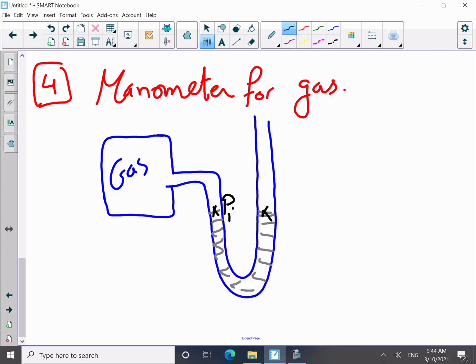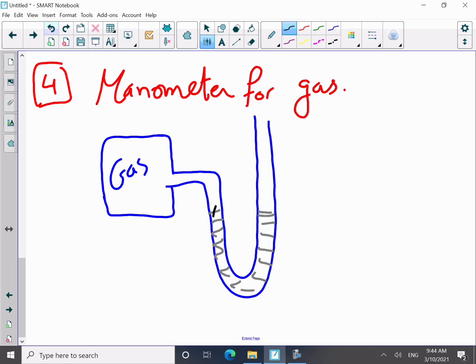P1 equal P2. At this point, the pressure in point 2 is the atmospheric air pressure. So the gas has atmospheric air pressure too. So there is equilibrium between them.